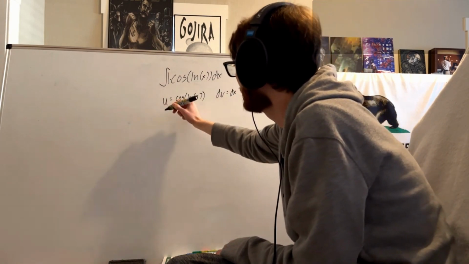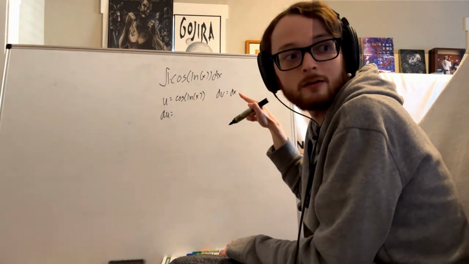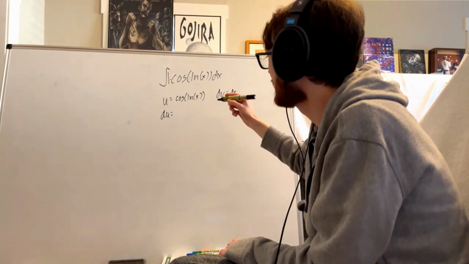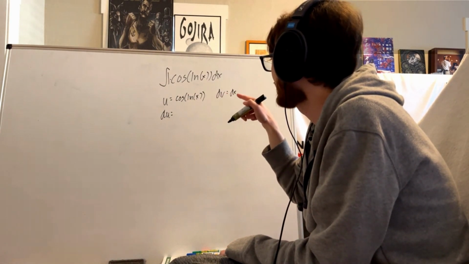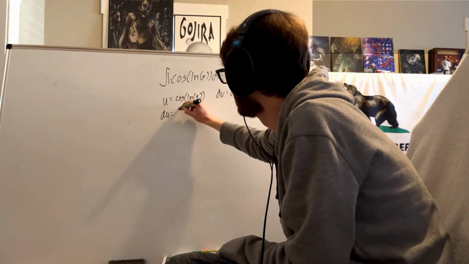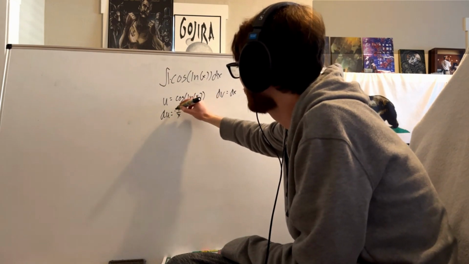So then we differentiate the u. The format of this gets taught differently in different classes, so don't worry if you're used to it a different way. That's just the way that I remember it. Cosine of ln of x, we've got to do some chain ruling here. Ln of x derives to 1 over x. Cosine derives to minus sine, so let's put a minus in front.